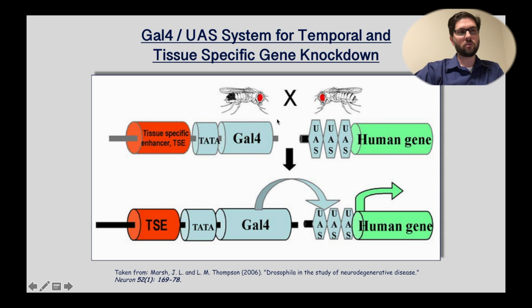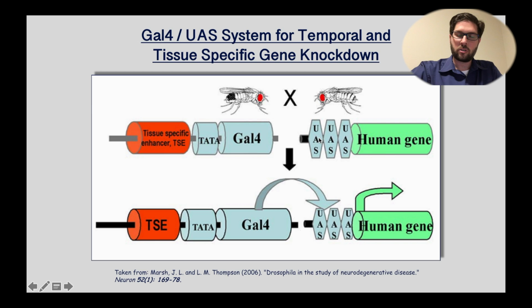And this is performed by taking a fly and expressing a yeast protein which is called GAL4 that I'm highlighting here. That GAL4 protein is under the control of a tissue-specific enhancer which will allow expression of GAL4 at a particular time in development and within a particular tissue.